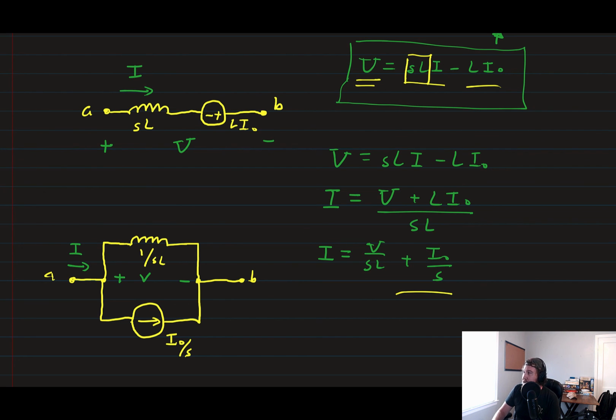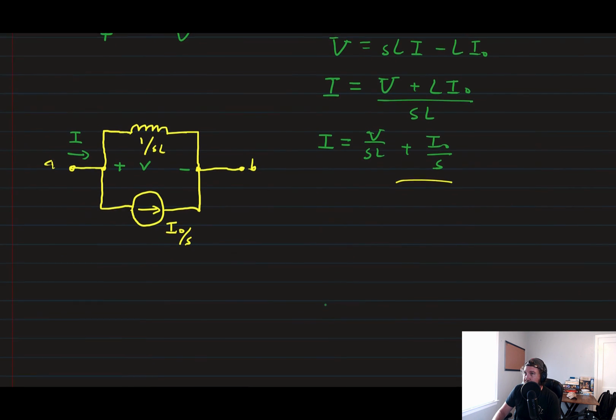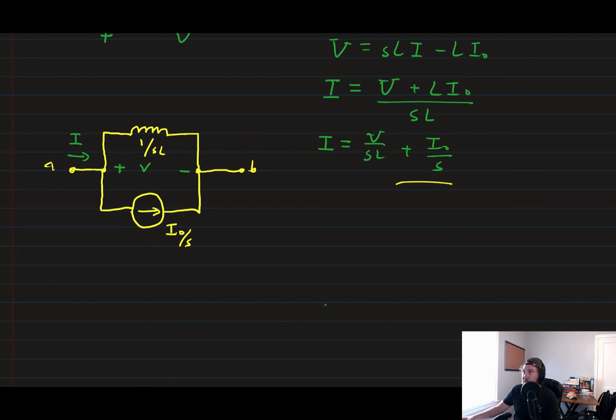So that's the inductor. Let's wrap things up by taking a look at the capacitor. And basically it's going to be exactly the same conceptually as the inductor. The capacitor. Let's go ahead and write out its time domain, or draw its time domain circuit model.